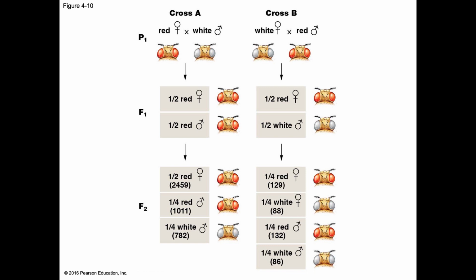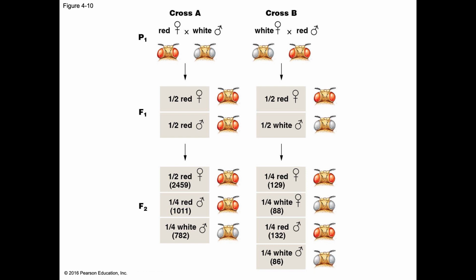Then you cross them. So you cross the carrier female with the normal male, because that's what resulted. Okay, and what you should get out of a cross like this is that 50% of the offspring will be female.